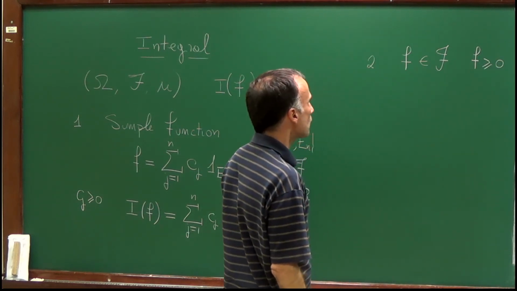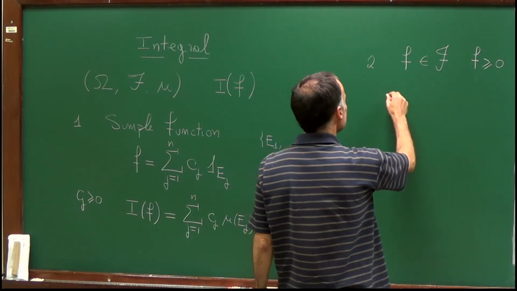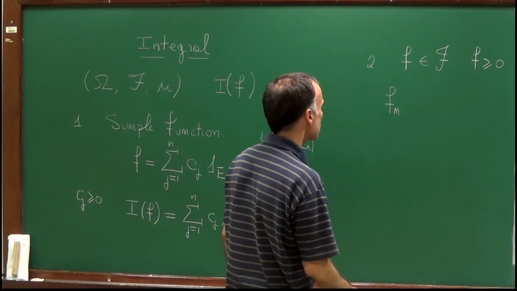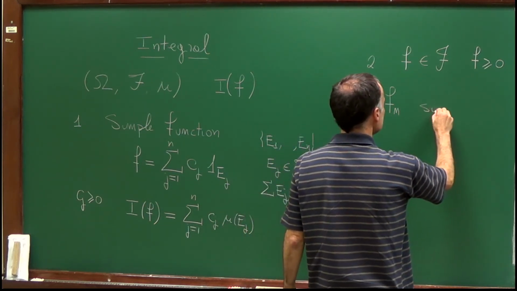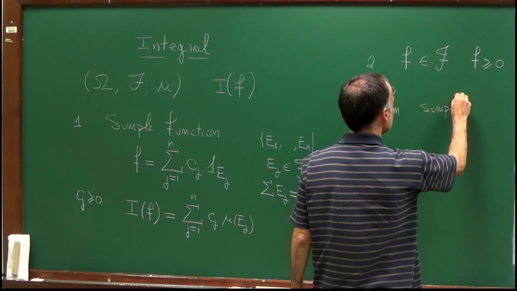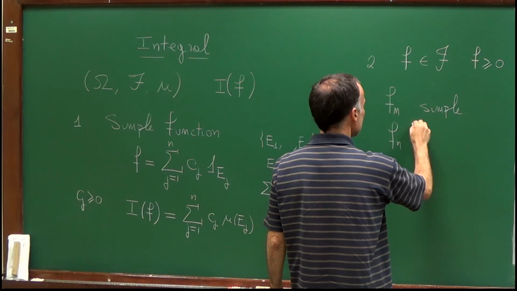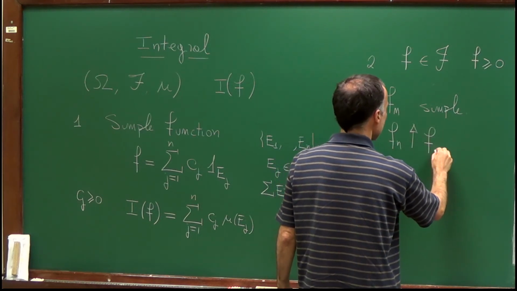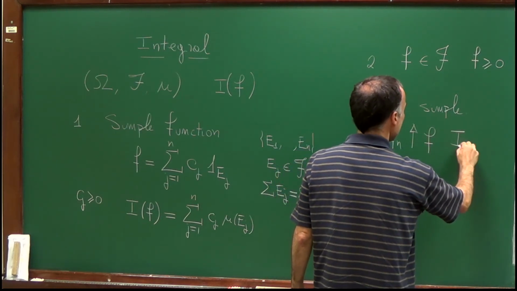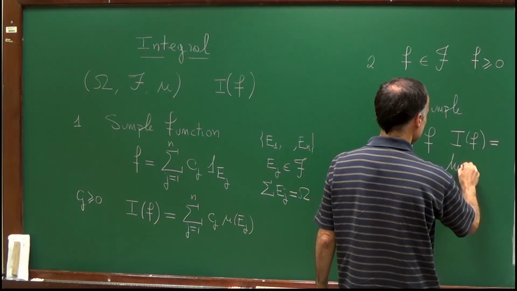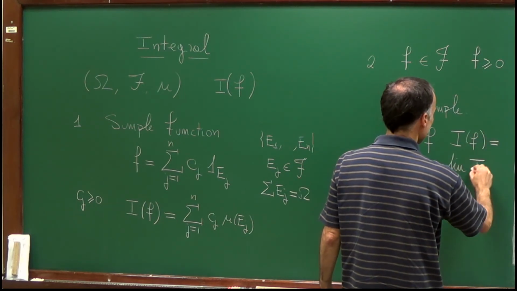We will consider a sequence of functions fn which are simple and which increase to the function f, and we will define I of f as the limit of I of fn.